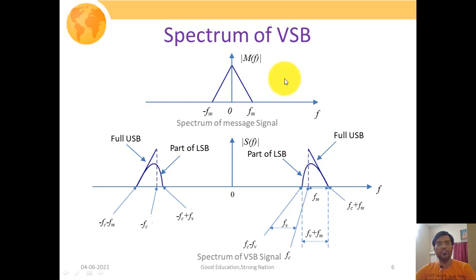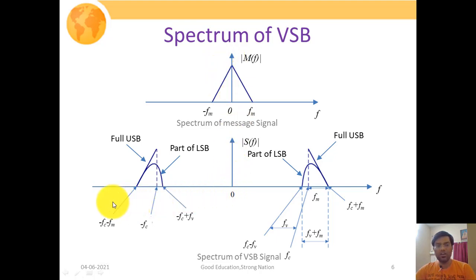So this particular figure is basically showing the spectrum of vestigial sideband signal. If we closely observe, the upper figure is basically showing the spectrum of our message signal, which is your baseband signal, which contains a maximum frequency component of FM. So this is the frequency spectrum of your message signal.